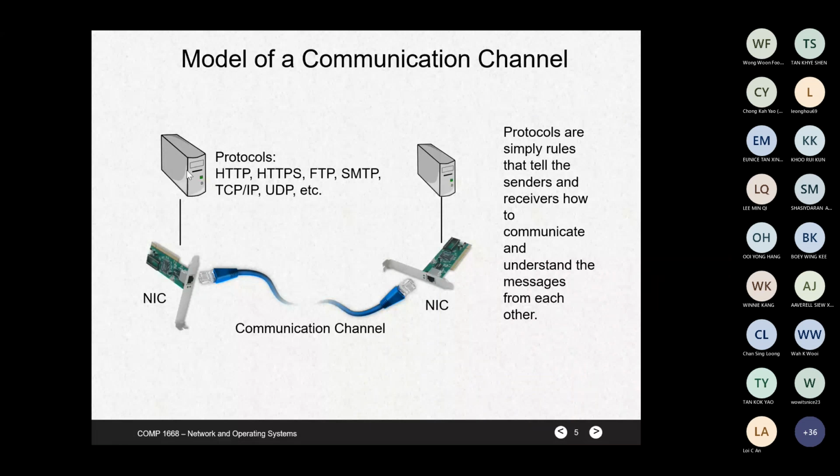UDP, User Datagram Protocol, is for broadcasting. TCP/IP is more for one-to-one, very dedicated communication, and UDP is for broadcasting. We have discussed all this in great detail during your diploma level. NIC card, communication channel, and protocols are the key words that you need to know here.